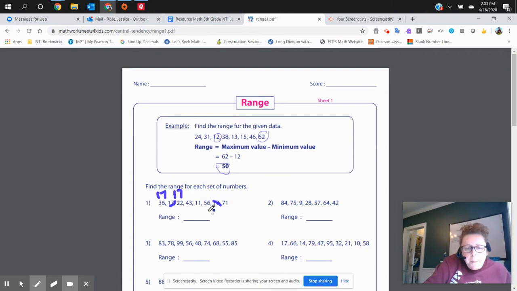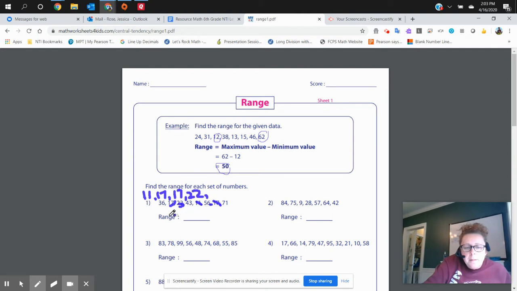Cross that out. Look, there's 11. I'm going to put 11 over here because 11 is less than 17. I'm going to put my little commas. Okay, so after 17, then we have 22. And we're just putting these in order. If this is hard for you, you can ask an adult to help you or hop on a chat with me and I'll help you get them in order.